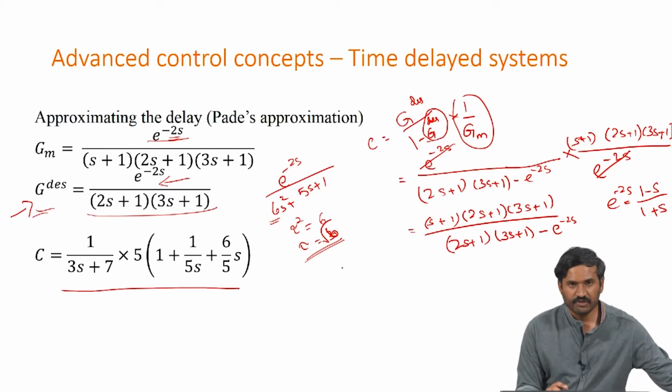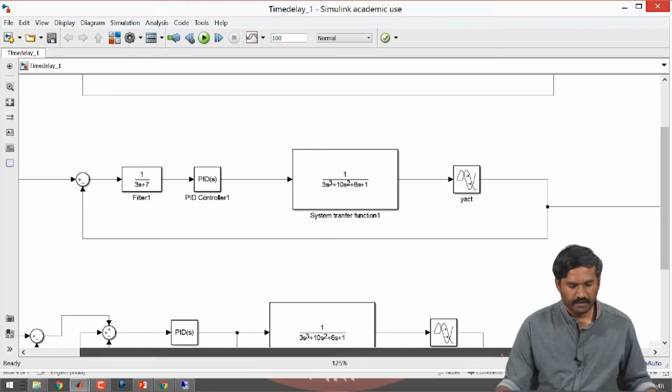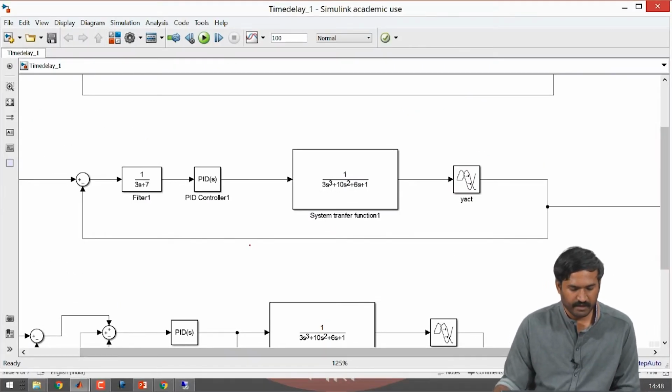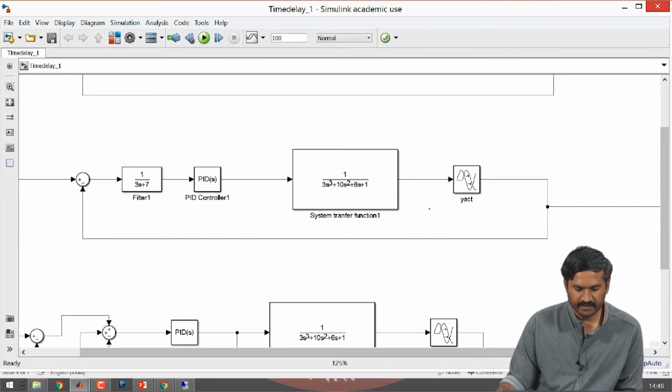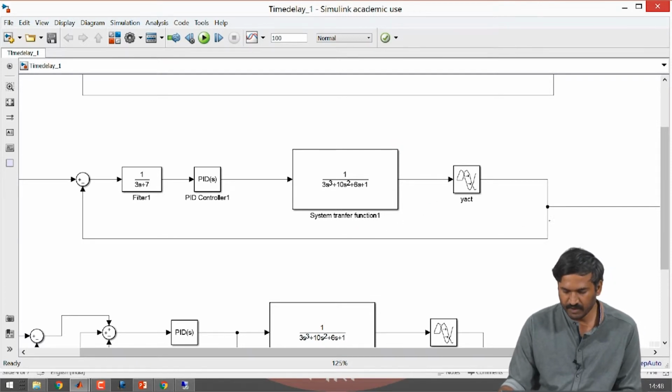Okay. Let's look at the Simulink example first and then see how the performance is. I have already configured all the parameters in this loop.